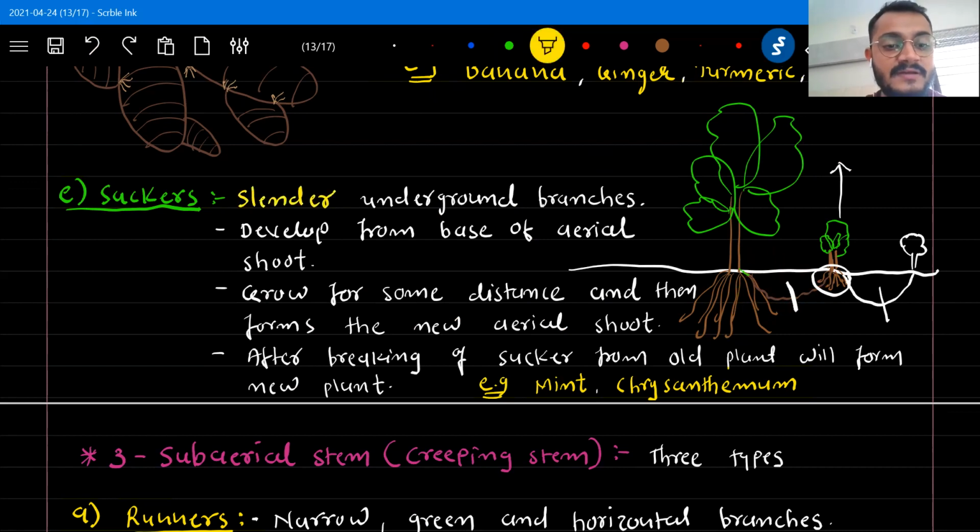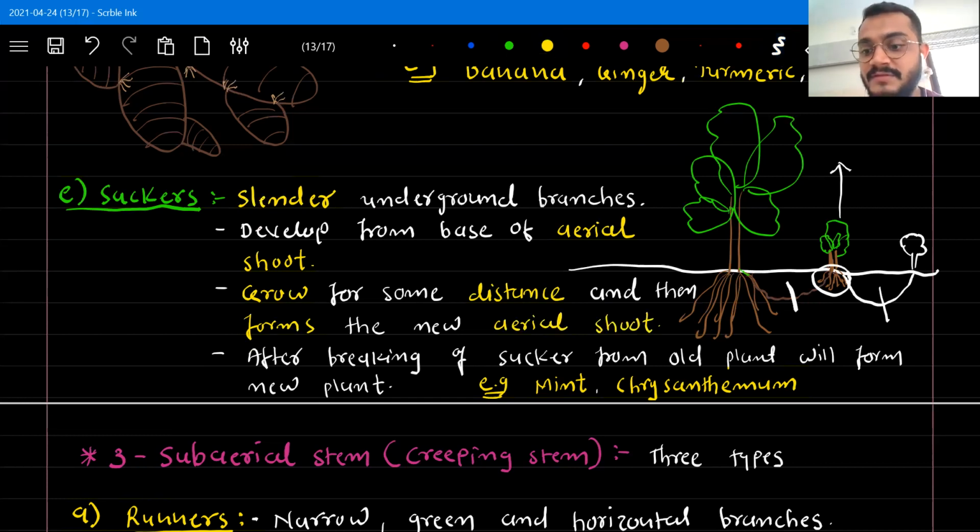These underground branches develop from the base of the aerial shoot, grow for some distance, and then form a new aerial shoot.